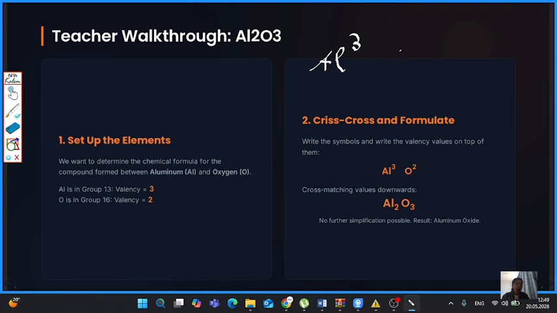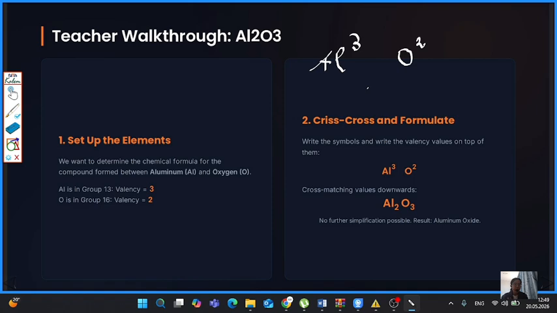And oxygen, we know, is equal to 2. So let's cross and get our result.